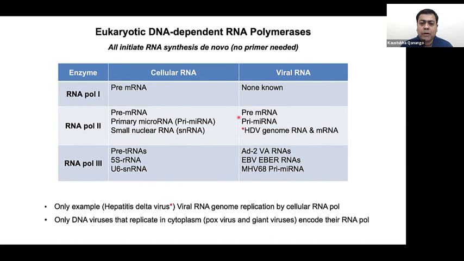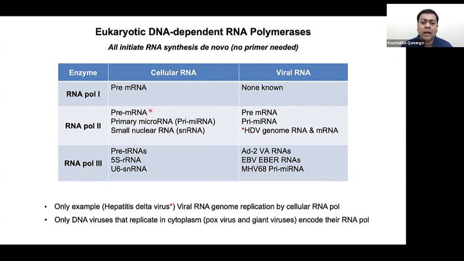But this pre-mRNA is the main thing, which is the unspliced version of the mRNA, or let's not use the word unspliced at this point. We'll come to that. But let's say that this pre-mRNA is not ribosome ready.